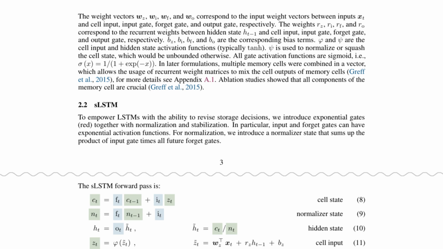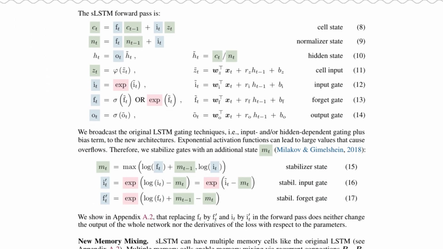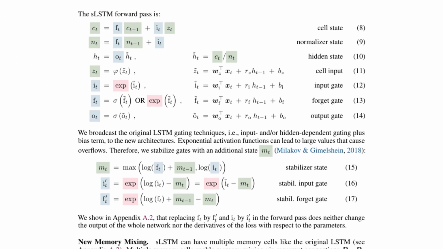2.2. sLSTM. To empower LSTMs with the ability to revise storage decisions, we introduce exponential gates together with normalization and stabilization. In particular, input and forget gates can have exponential activation functions. For normalization, we introduce a normalizer state that sums up the product of input gate times all future forget gates. The sLSTM forward pass is formulas 8 through 14.